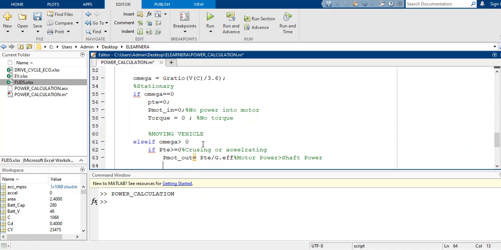So at the output we are getting less power due to the transmission efficiency we are assuming. So the motor input is equal to the power of motor out divided by efficiency of the motor, which we have already put in an input box. So this is for the motoring mode.